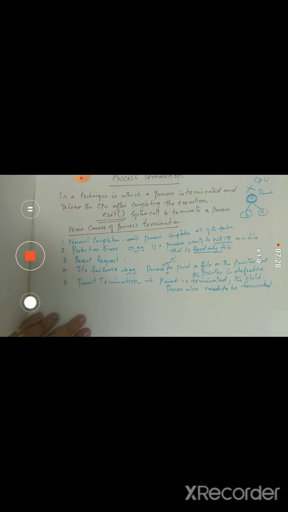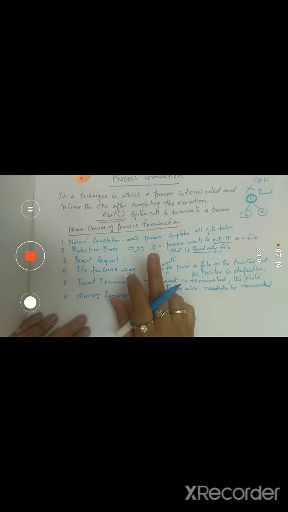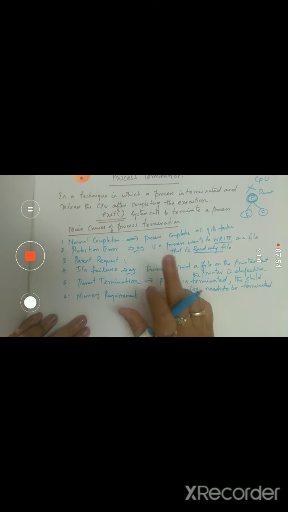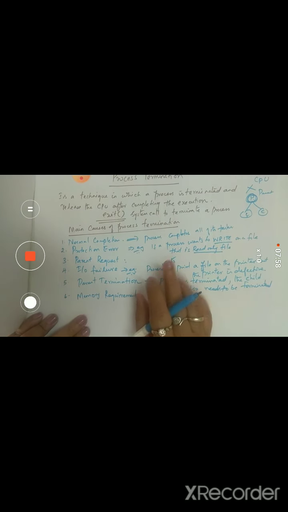The next reason is memory requirement. A process requires more memory to execute, but the system fails to provide enough memory for its execution.